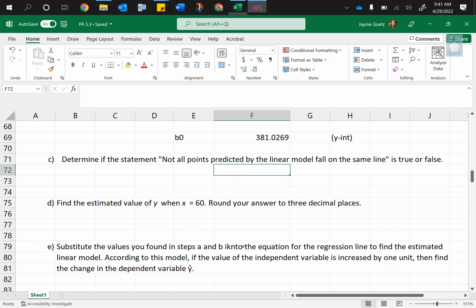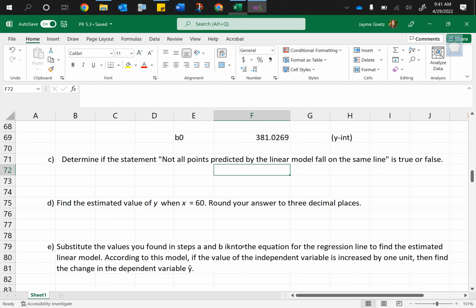Predicted, not actual, predicted. How would you figure out the points from this? Wouldn't you make a table of values? So we'd have our x and our y, and we could have 25 and 39 and 40. Would all of my y values based on this model end up being on the same line?